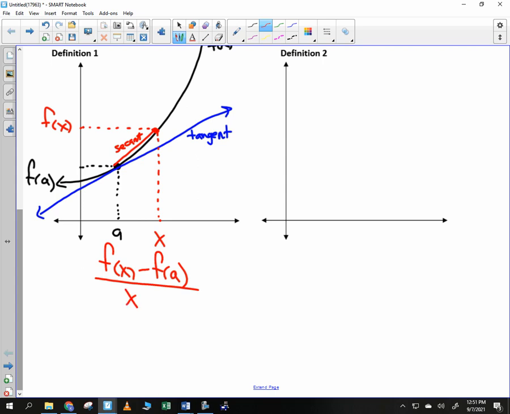X minus A. Does everybody agree that that is the equation for the slope of the secant line? So if we want to know the tangent line, you said take x and do what with it? Move it closer to A.